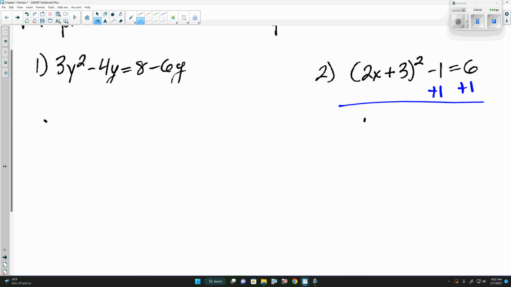Because once we do that, we're saying that the quantity 2x plus 3 squared is equal to 7. And once we get that set of parentheses that's being squared by itself, we can take the square root of both sides.